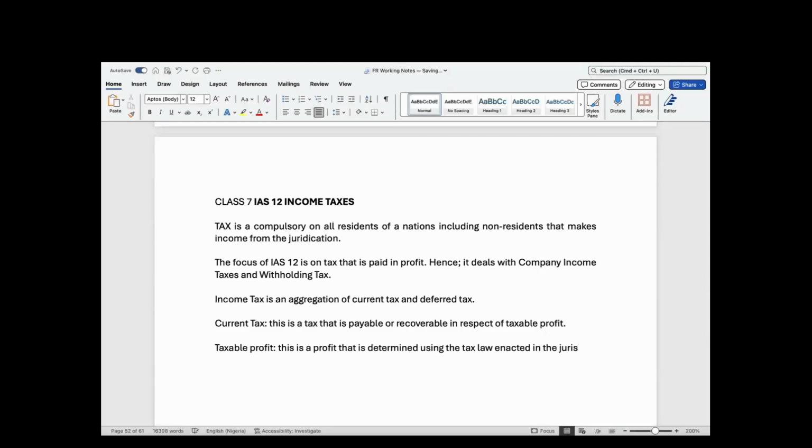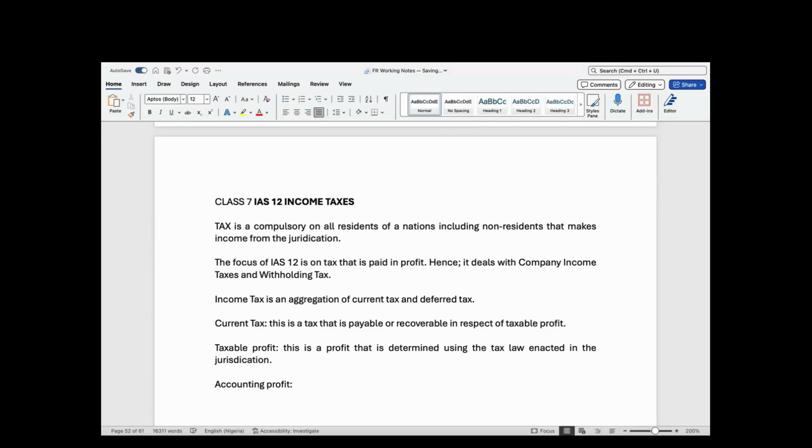In the jurisdiction, taxable profit is determined using the tax law. No doubt around that. Therefore, it means that taxable profit is different from accounting profit. They are not the same.